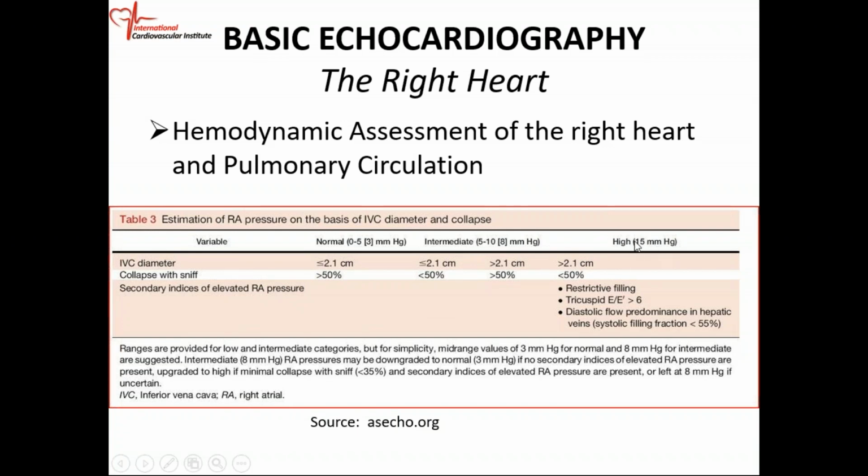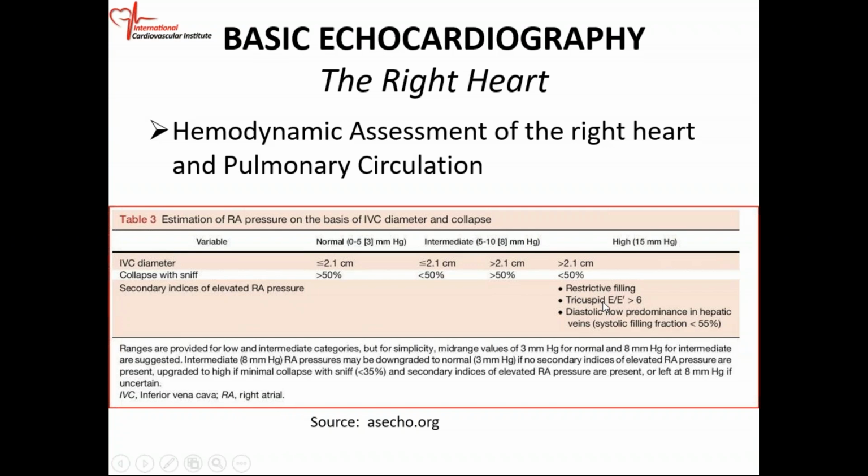Your right atrial pressure will be 15 millimeters of mercury or greater if the IVC measures more than 2.1 centimeters, if you get less than 50% collapse with sniff, and also if you have restrictive filling. Remember, restrictive filling is E greater than A by more than 2.